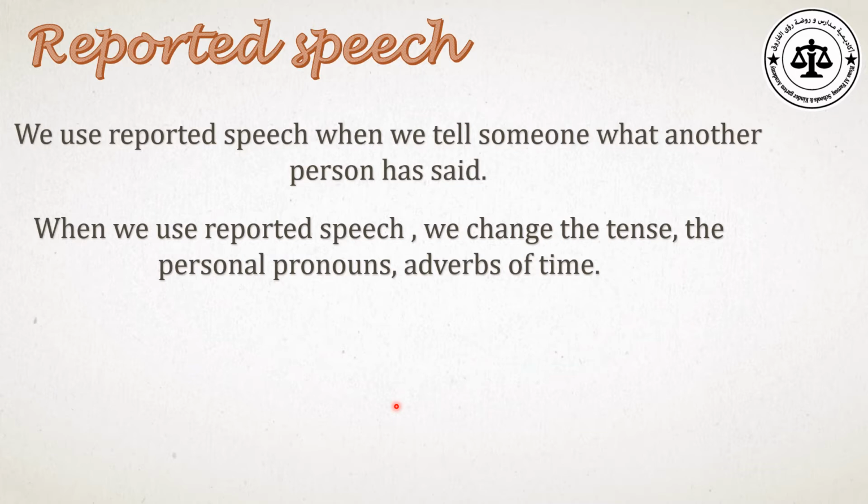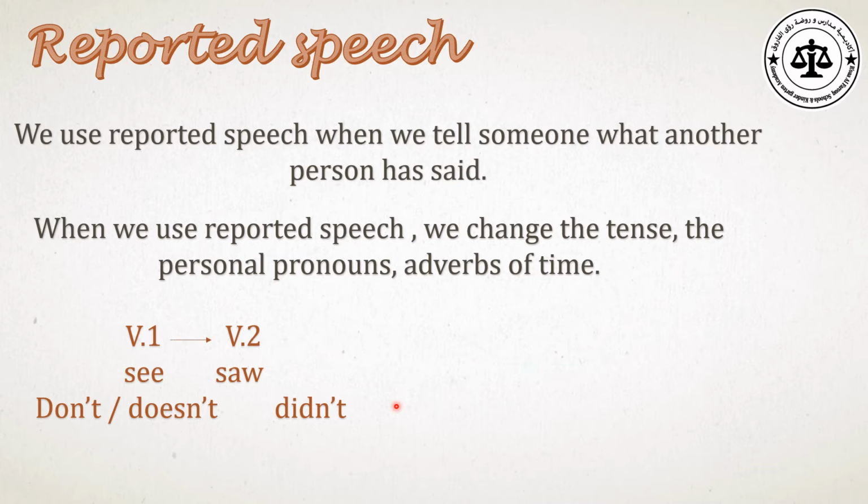In a previous lesson, we talked about the affirmative sentences. So this is from verb 1 into verb 2. Okay, if we have negative sentences, how can we report them? Let's start. The first thing is verb 1 into verb 2, like see, we have to change it into saw.